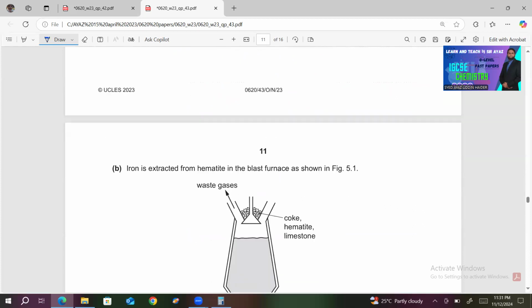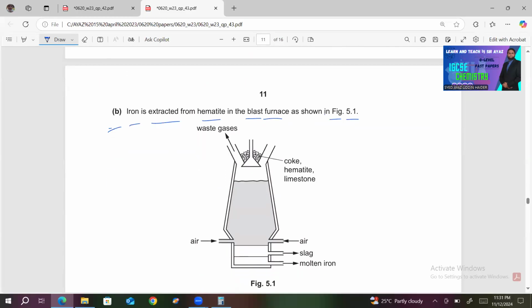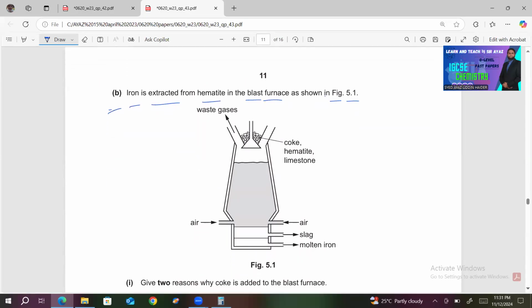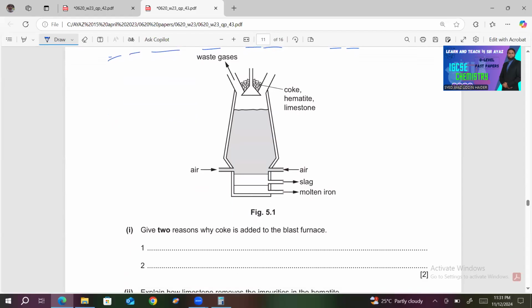Moving to the next part, B. Iron is extracted from hematite in the blast furnace as shown in figure 5.2. Look at this figure. We have coke, hematite, limestone on top. Below we have air, slag, and molten iron.